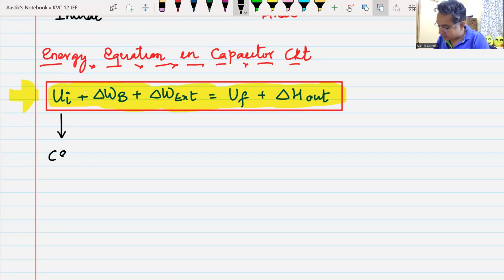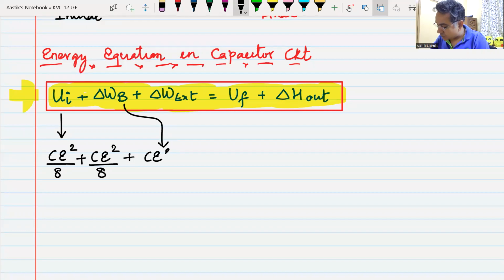It is CE square by 8 plus CE square by 8. Yes or no? What is the work done by the battery? CE square by 2. What is the work done by external forces? There are no external forces here, so it is 0.